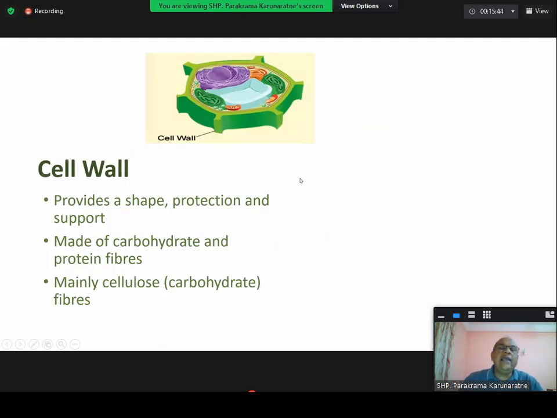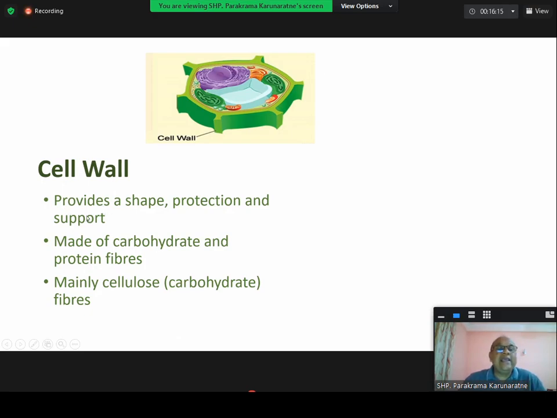Now then again, in the plant cells, we have the cell wall. As I told you earlier, the cell wall provides the shape to the plant cell, and protection and support. The animal cells don't have a proper shape actually. They have a shape, but that is not a very rigid shape. Not rigid means you can change it.